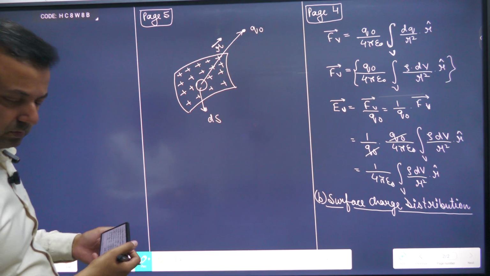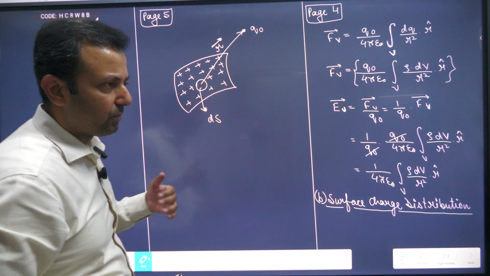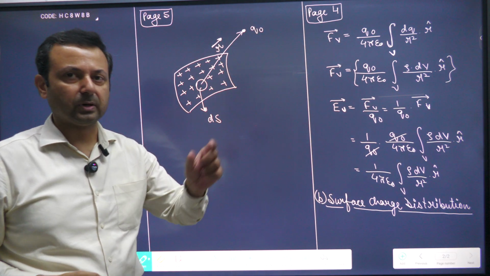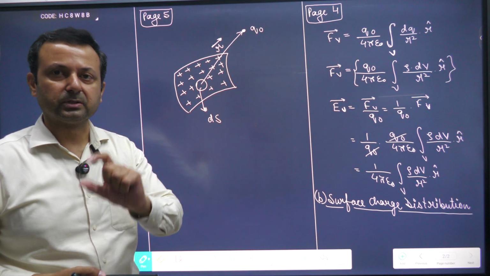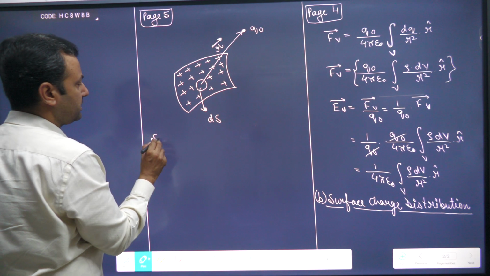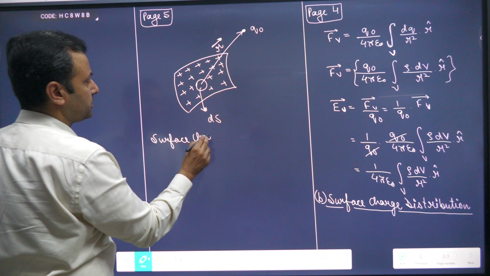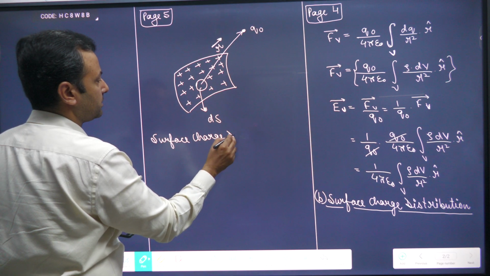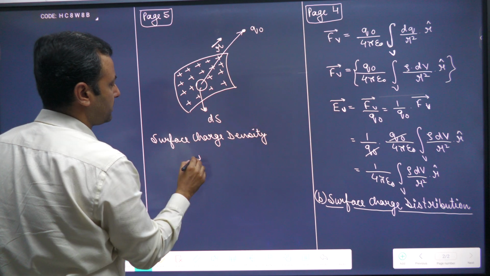So what is surface charge density? Like volume charge density, where we have charge per unit volume, in surface charge density we will have charge per unit surface area. Surface charge density is denoted by sigma.